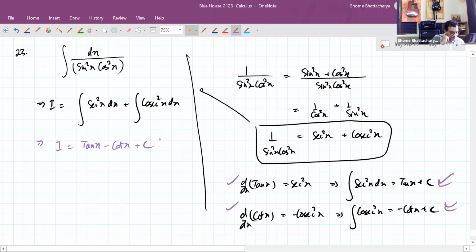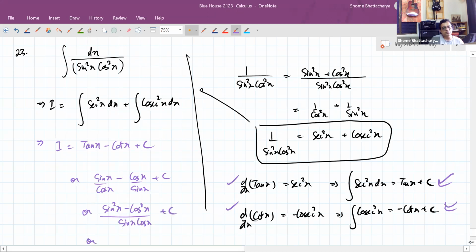Okay. And if that is by chance not matching any of the options, here it is matching, then you might also have to simplify this by just expressing it this way. In this case, luckily that's not happening. We're not having to simplify it that way. But this also has another very interesting simplification.